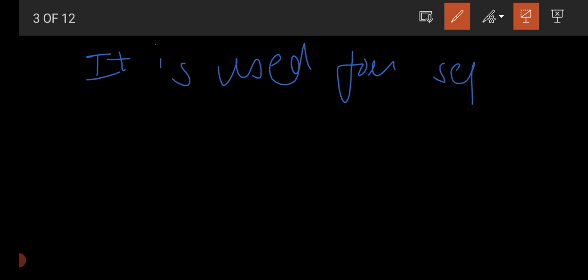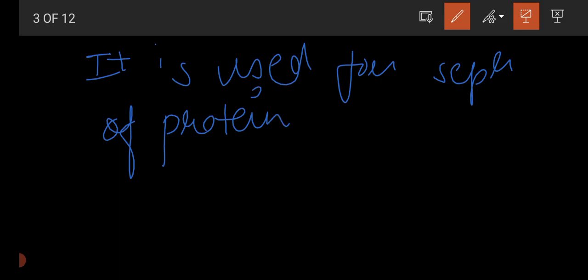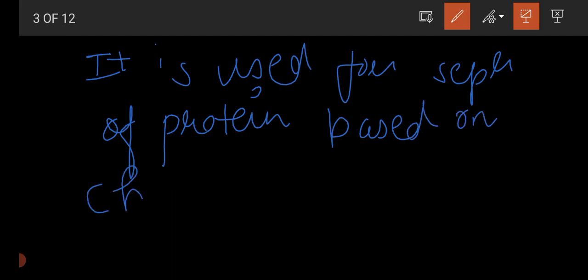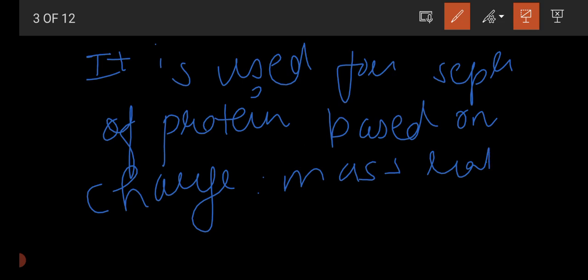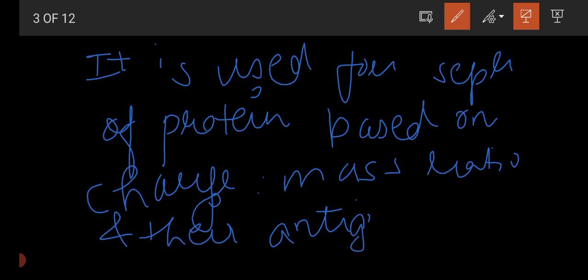It is used for separation of protein based on charge to mass ratio and their antigenicity.